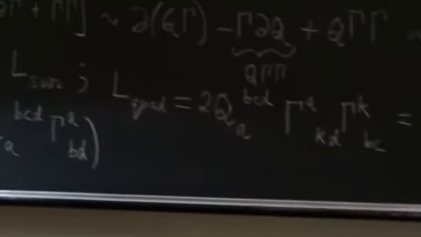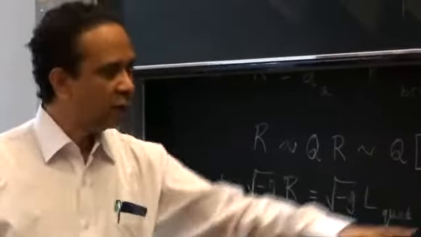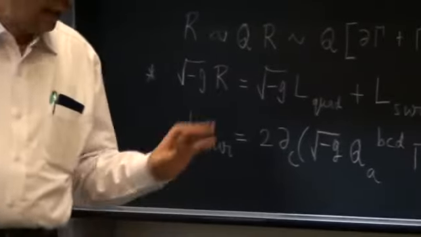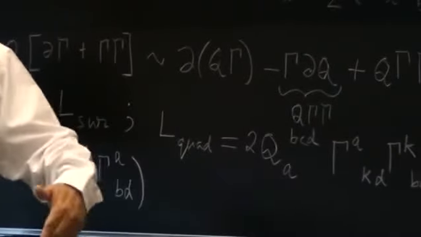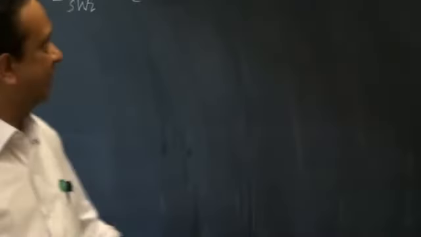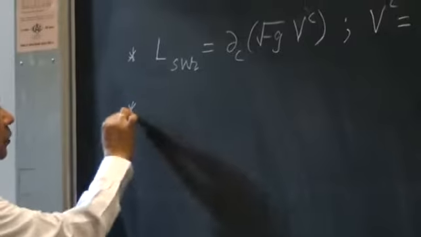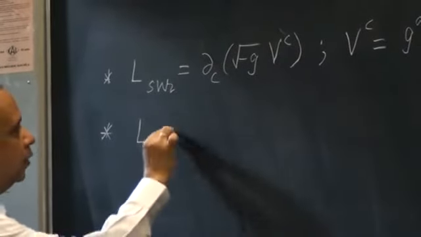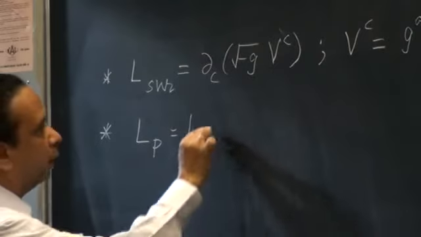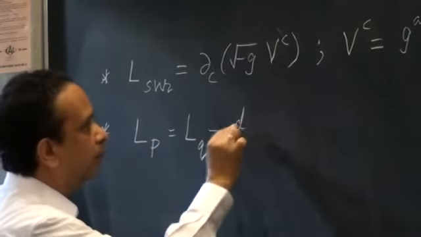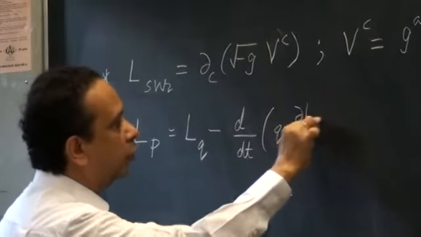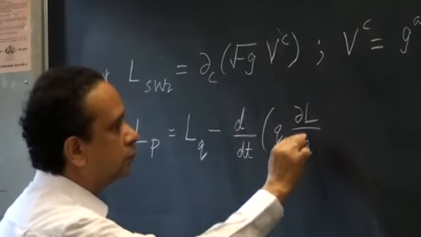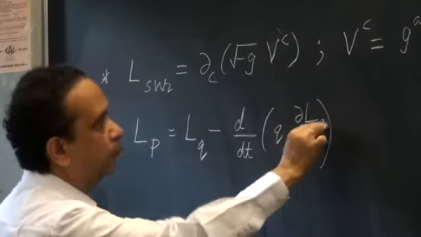Now you can also see, this is in answer to your question, that if you look at the quadratic term and this term, you can already see it happening. If I look at the derivative of this with respect to the derivative of the metric tensor, let me write that down first. What do we expect if it is a momentum space integral? Since I have wiped it out, let me again remind you that the L_p was supposed to be L minus d by dt of q dL by dq dot. But this is of course q.